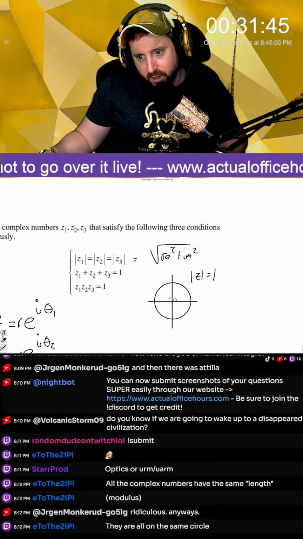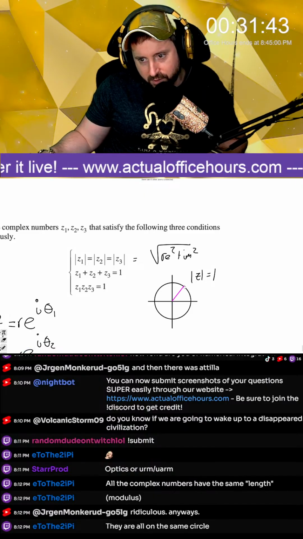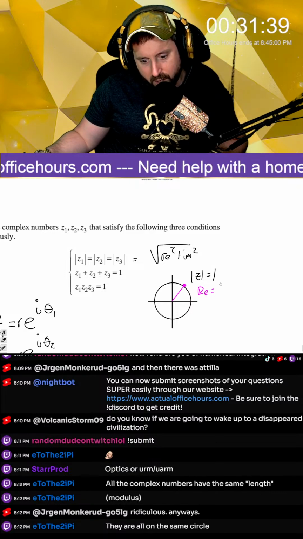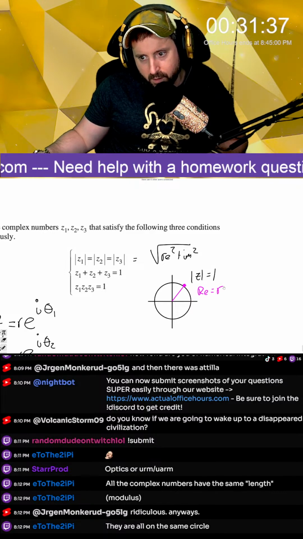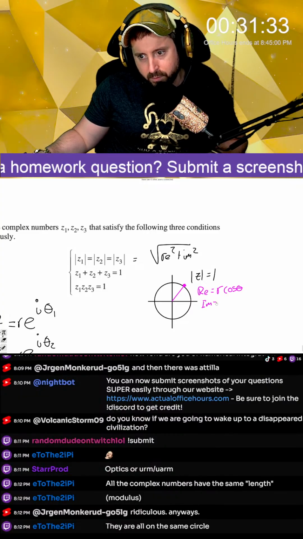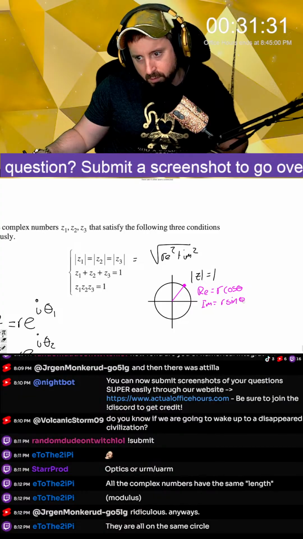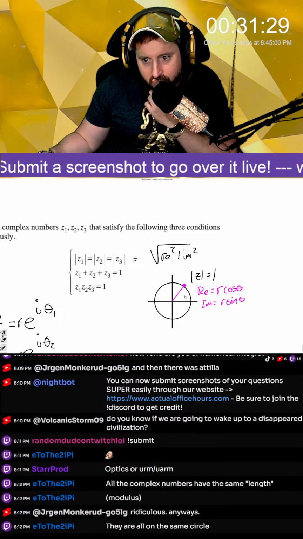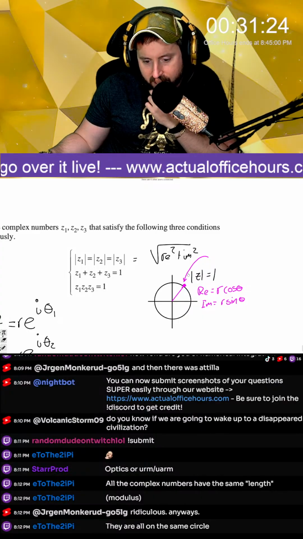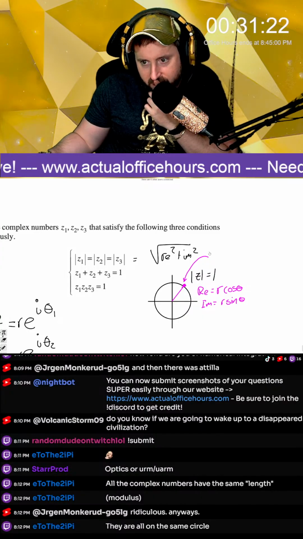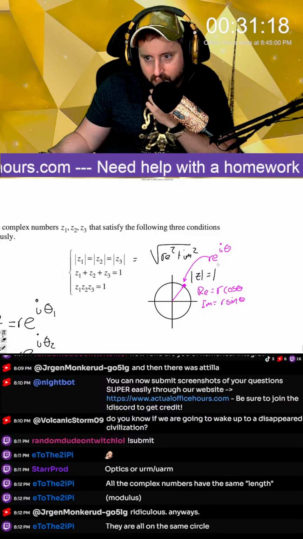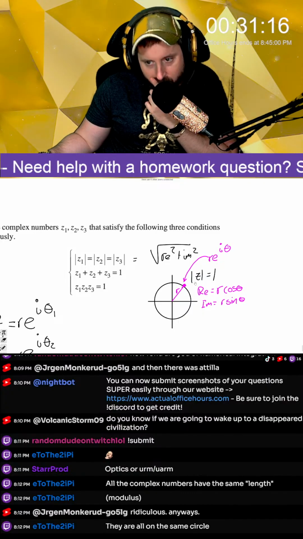Okay. Because for this coordinate, for instance, the real part would be equal to r cosine theta, and then the imaginary part would be equal to r sine theta. Yeah. I see. And so then this point can be represented as e to the i theta, and then this is r. In this case, r is equal to 1.